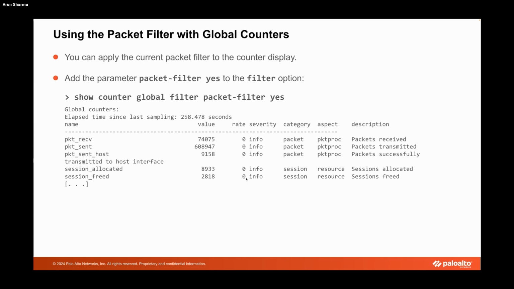This is the total value, and this rate will be the current rate. What is the severity of the counter? Is it just for information? Is it a drop? What category is there? And there's a little more info about this counter, which is packet received. You can always use the description field on the right side.